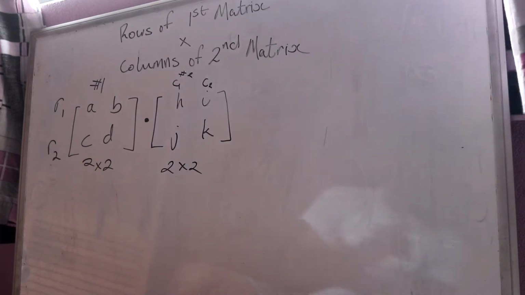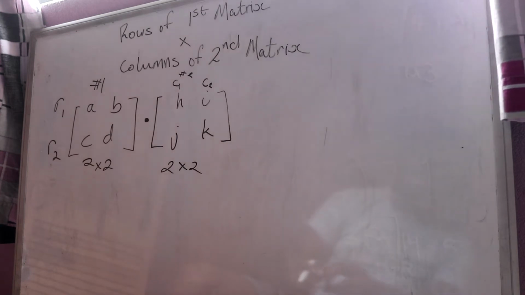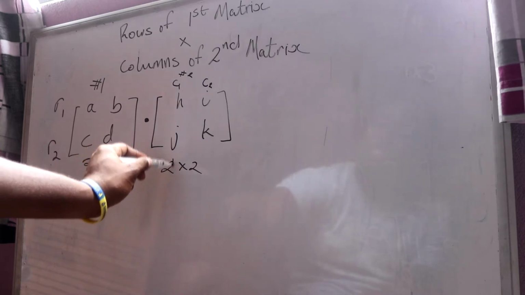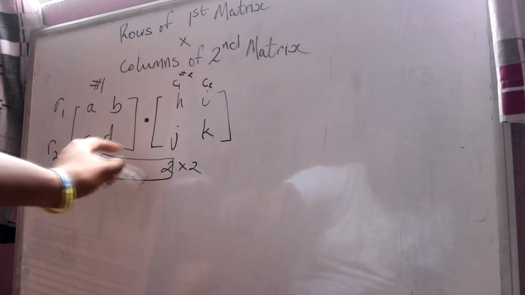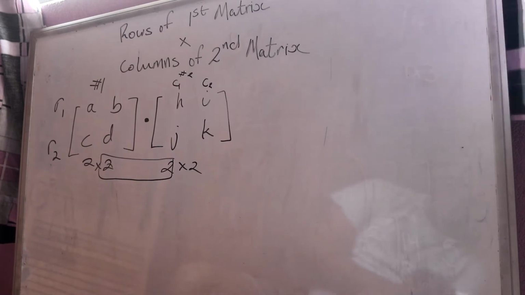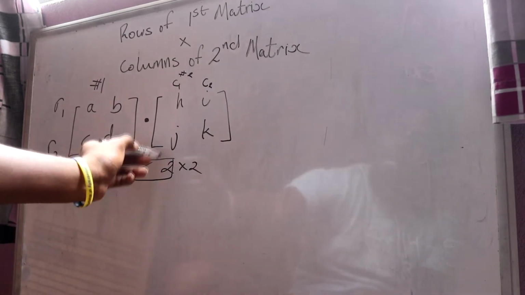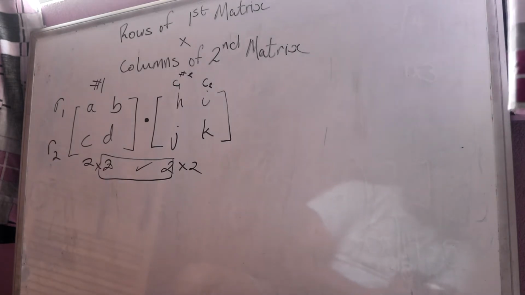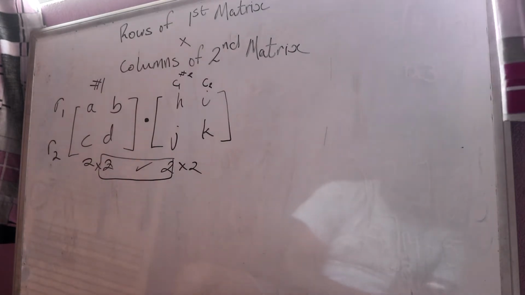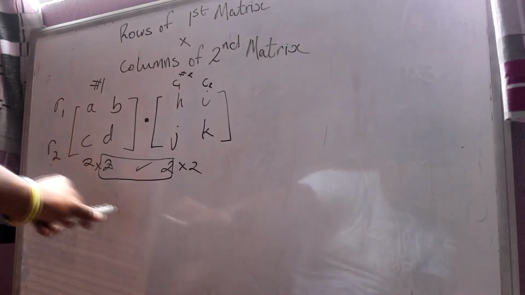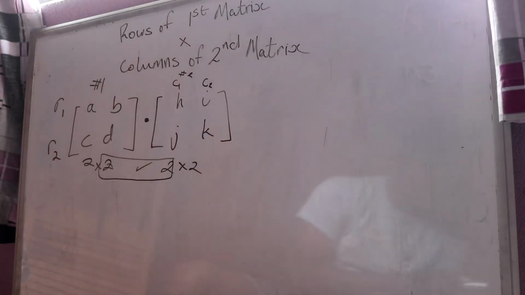To know if they can multiply, you look at the columns of the first matrix and the rows of the second matrix. Once those two numbers are the same, then yes, the matrices can multiply. The order of our answer will be dictated by the rows of the first matrix and the columns of the second matrix.